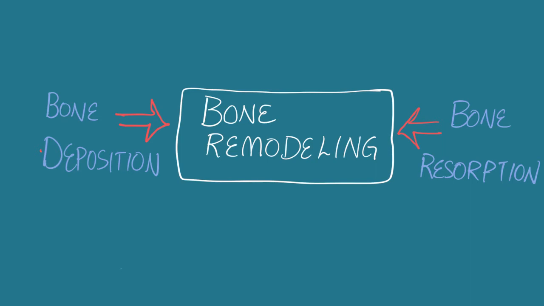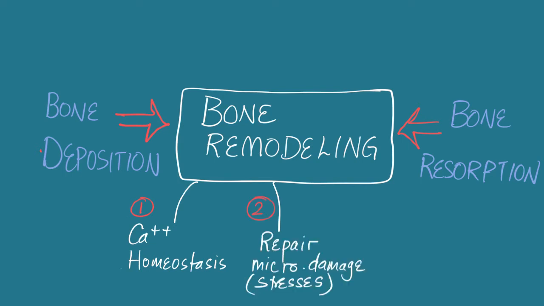There are three reasons for bone remodeling. The first is to maintain calcium homeostasis. The bone gets remodeled as a result of that. The second is to repair any micro damage that occurs on the bone due to everyday stresses. And the third reason is for reshaping and growth of the bone.